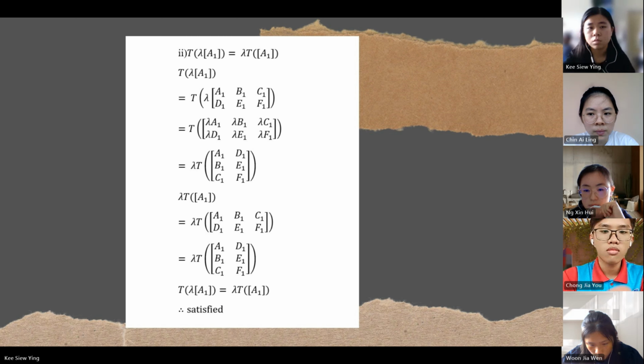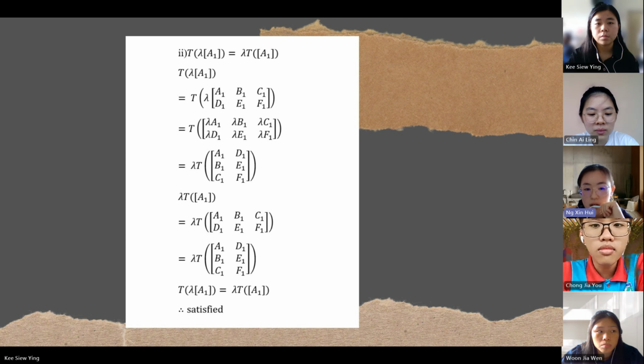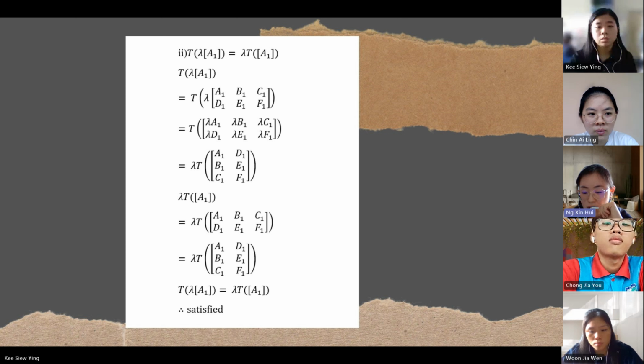Next, we will multiply the vector A1 by a scalar lambda, equal to lambda T(A1). From the left-hand side, lambda applied to the vector A1 becomes (lambda a1, lambda b1, lambda c1, lambda d1, lambda e1, lambda f1), and transpose it.